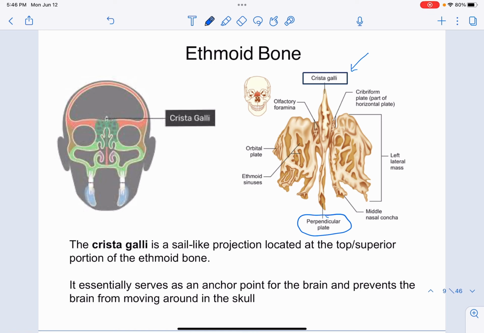So you can kind of see how the ethmoid bone is sitting, and here is the crista galli right here, and it serves as an anchor point for the brain and kind of prevents the brain from moving. So again, the reason and the function, I don't need you to know, but if it helps you remember what the feature is and how to orient the bone, I think that it's worthwhile to explain.